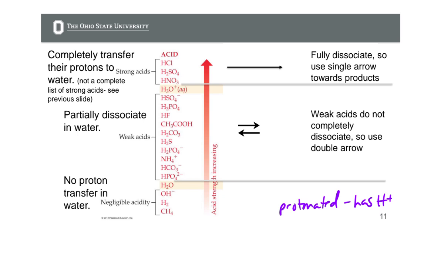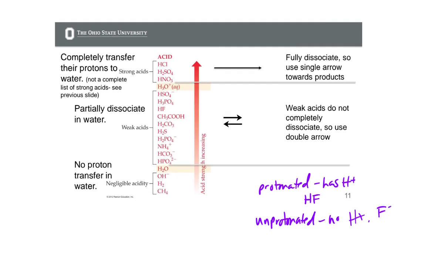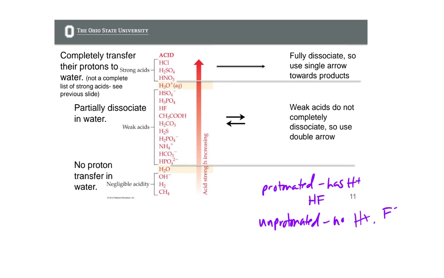A good example is, we'll use HF because that's the shortest. HF, okay, and unprotonated, the H plus has reacted away, so F minus, okay. That's what those terms are.